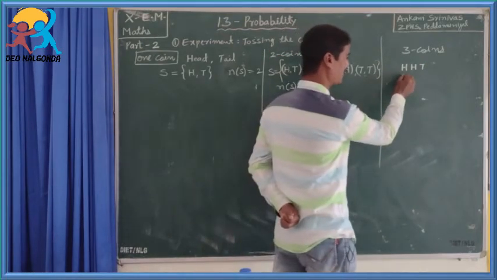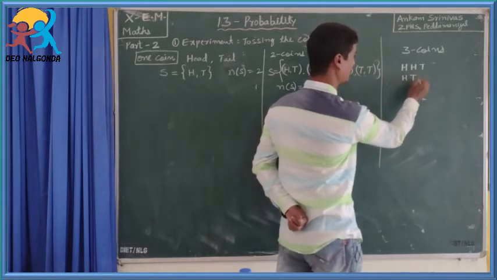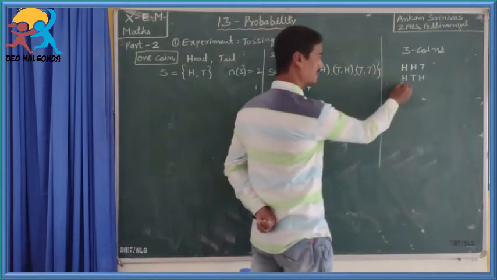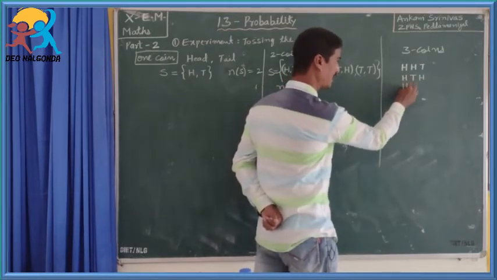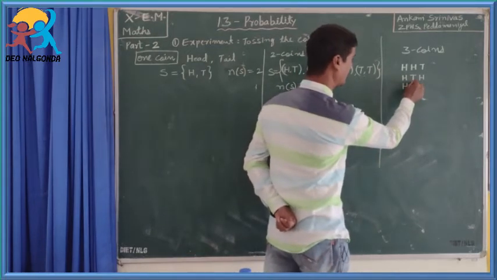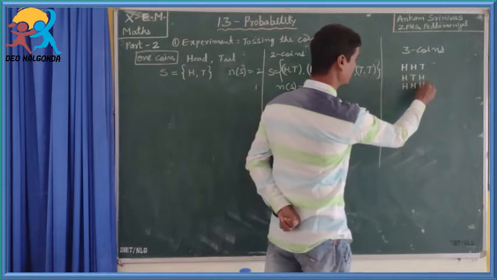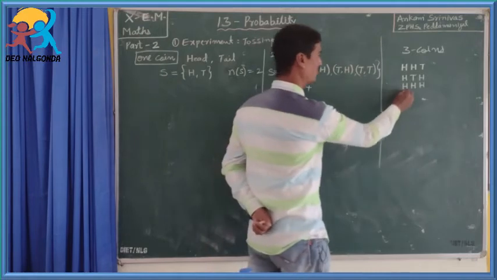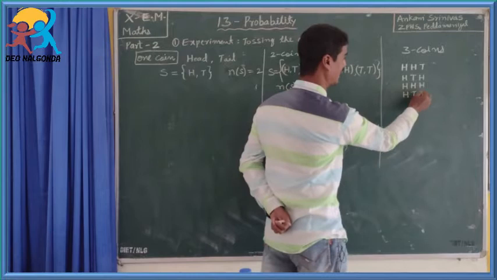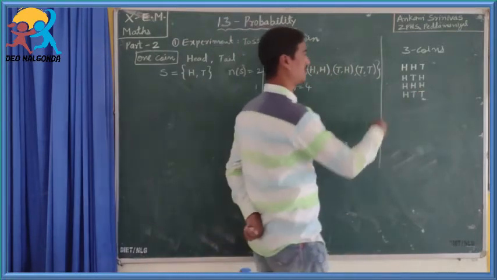Second case, first coin head, second coin tail, third coin head. Third one, head, head, head. Fourth one, first coin head, second coin tail, and tail.